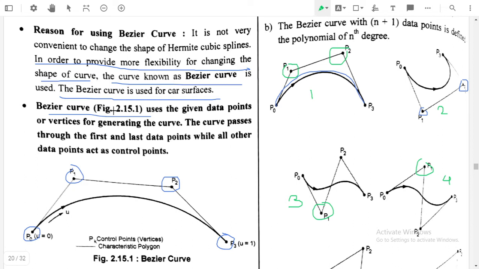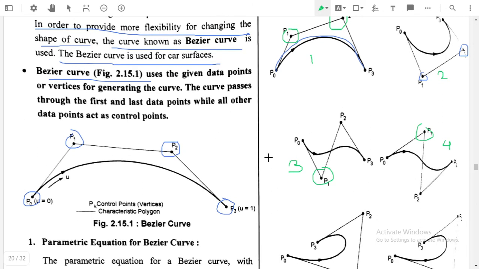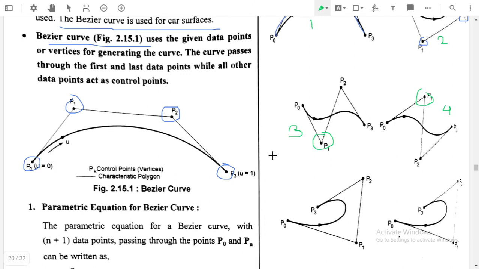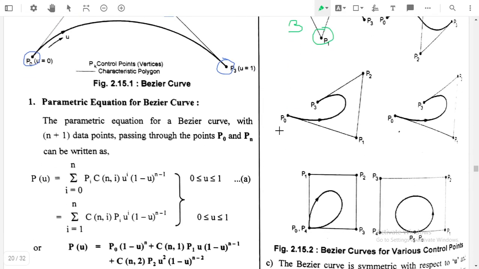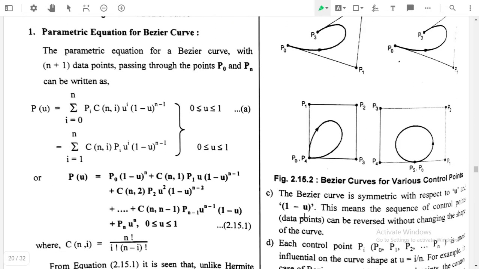Okay, but in a Bezier curve, if we change any one control point, then the overall shape of the Bezier curve will get changed.